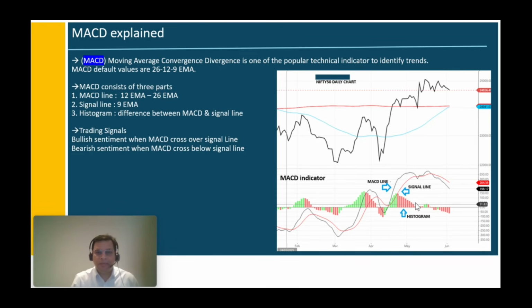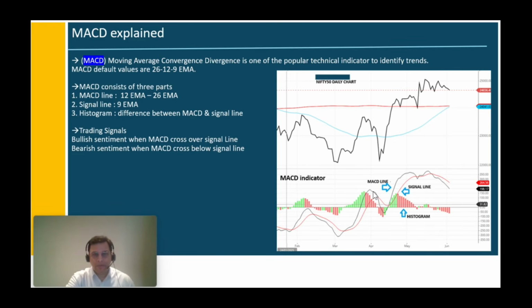So once you add the MACD indicator, what are the simple signs, or how do we keep the trading simple? We can fairly say it's a bullish sentiment when the MACD is increasing from bottom to top. As you see, MACD is increasing from bottom to up.